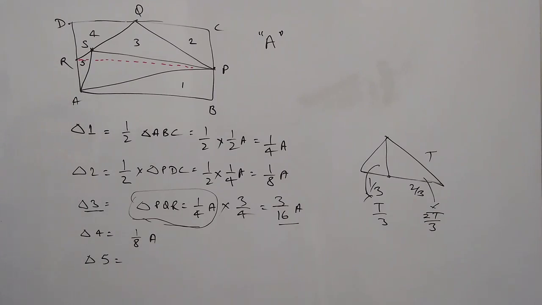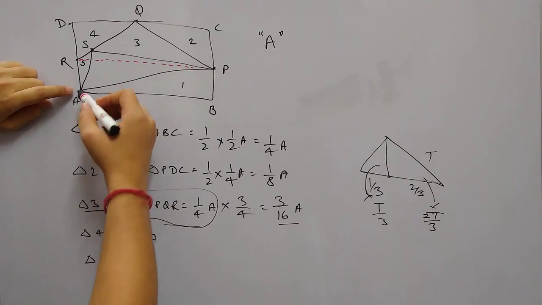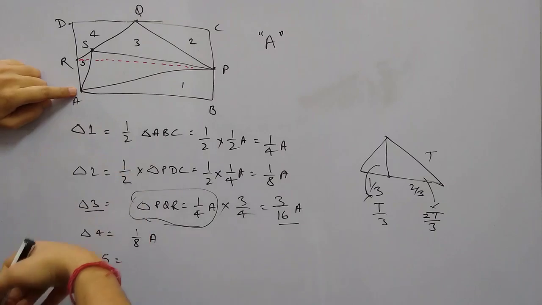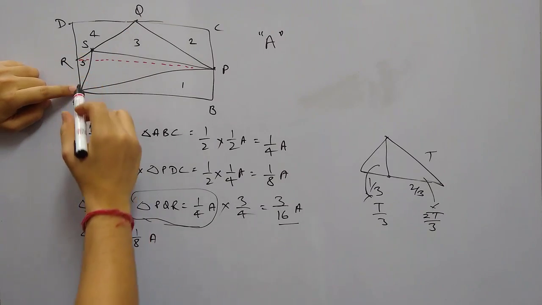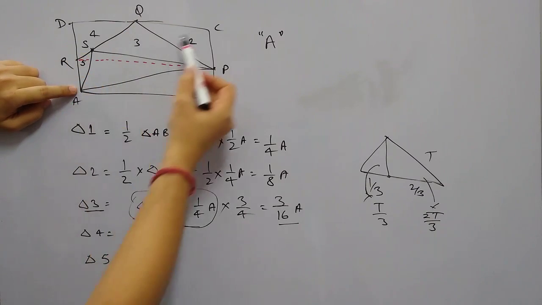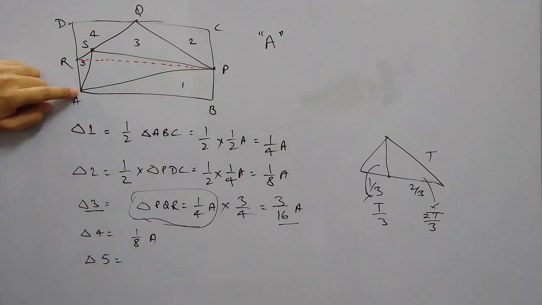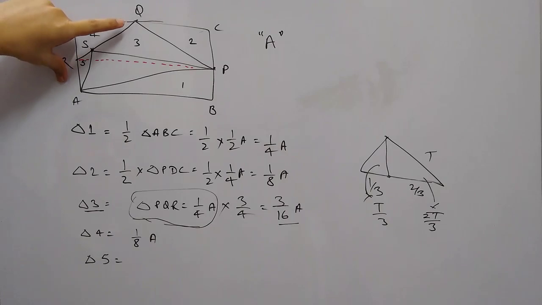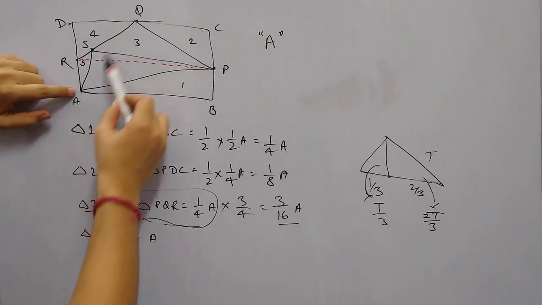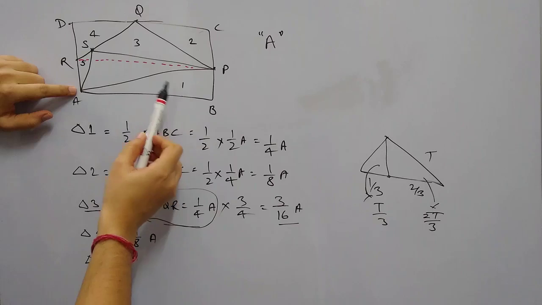So for triangle 5, if we join AC, it will divide the rectangle into 2 equal halves, and then if we join AQ, then AQ will be 1 by 4th of this area.